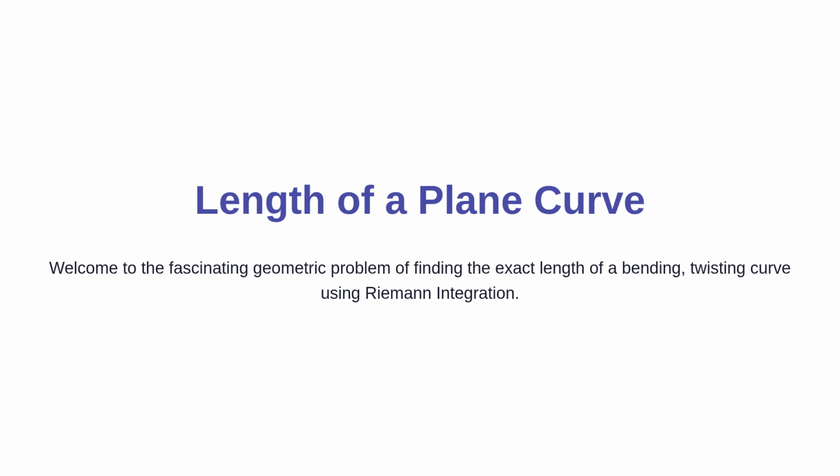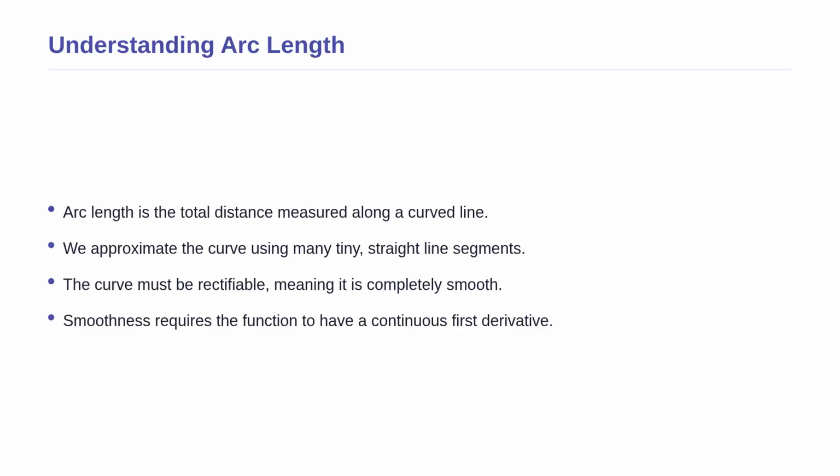Let us dive in. Now that we know our goal, let us understand the core idea behind arc length. Why does this matter? In the real world, very few things are perfectly straight. To measure a curve, we imagine breaking it down into many tiny straight line segments. We can easily measure straight lines.